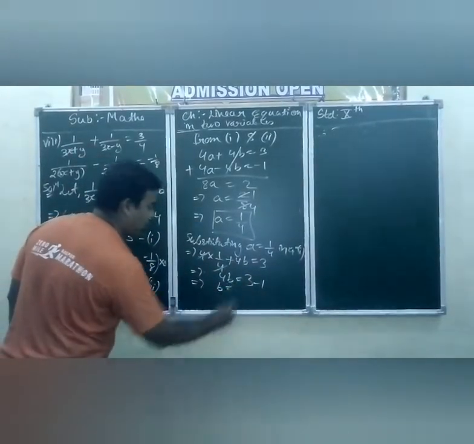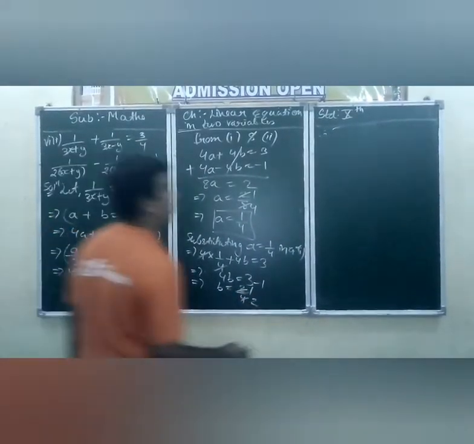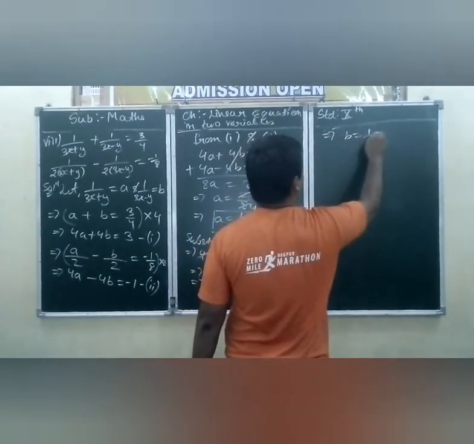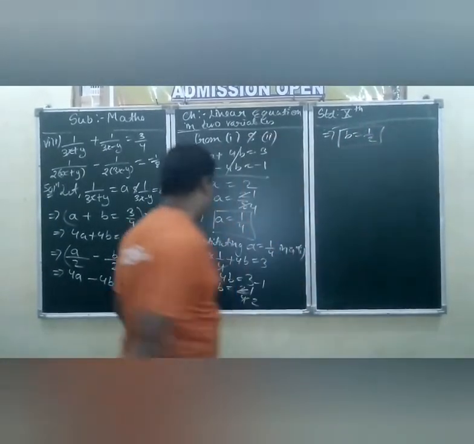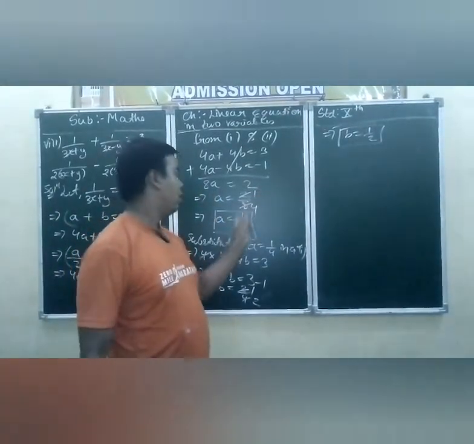So b is equal to 3 minus 1, 2 by 4. 2 1 ja 2, 2 2 ja 4. So b value is 1 by 2, and a value is 1 by 4.